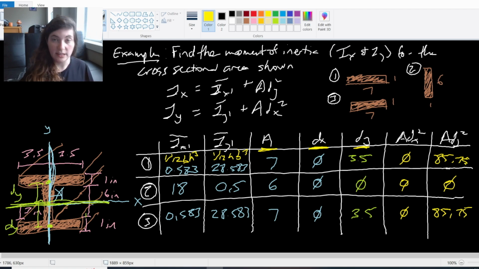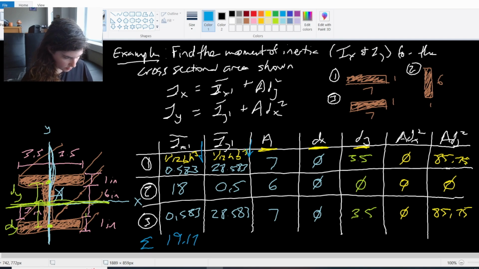So this means that I need to add down my columns now to get my values that I need to plug into my moment of inertia equations. So adding my x's and my y's just down this column, get my sums. I have 19.17.